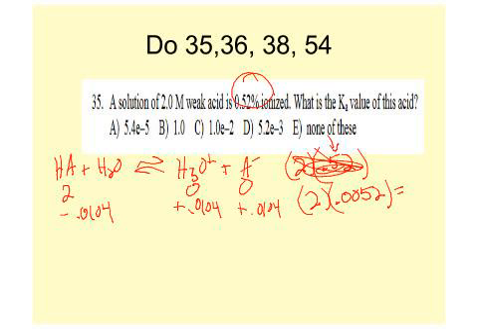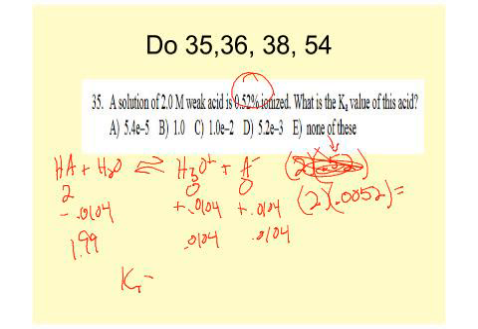And then I can get Ka from this. At equilibrium, I have 2 minus 0.0104, so 1.99, then 0.0104, 0.0104.